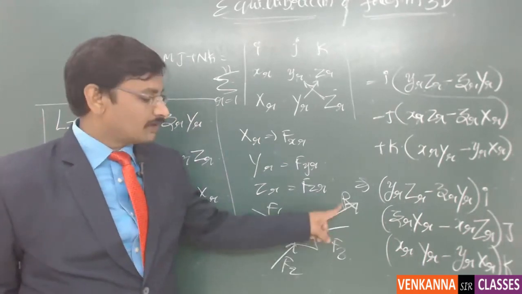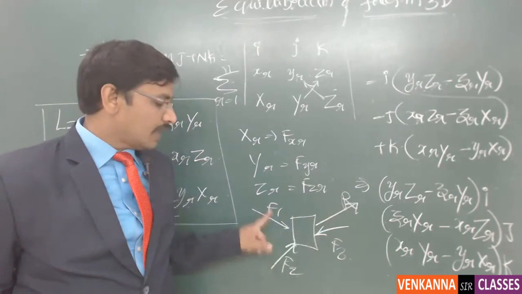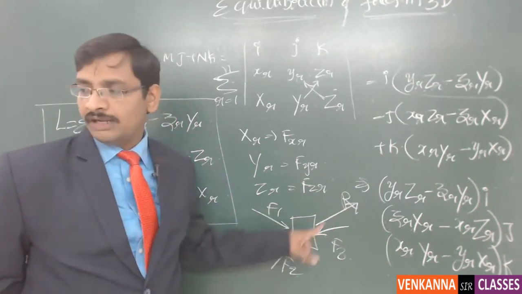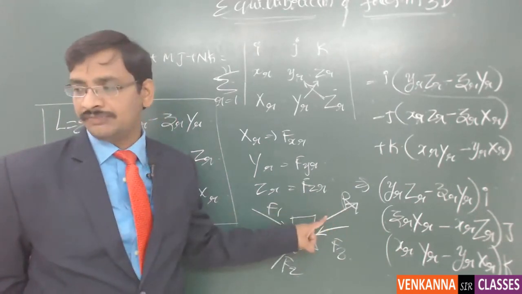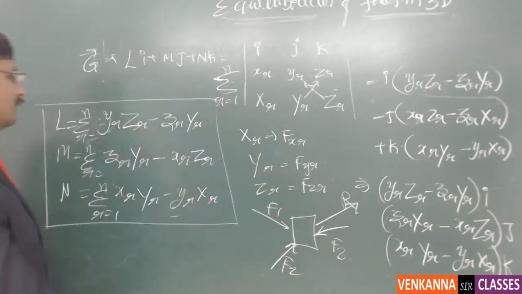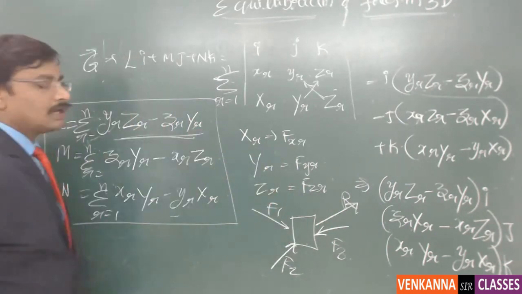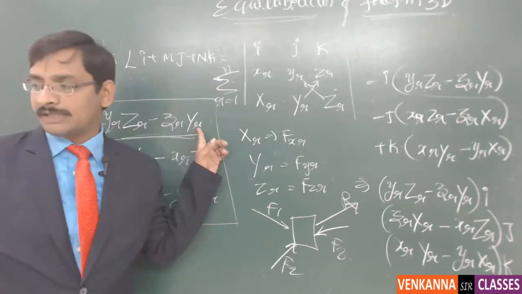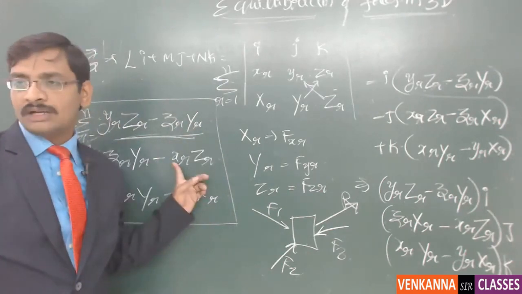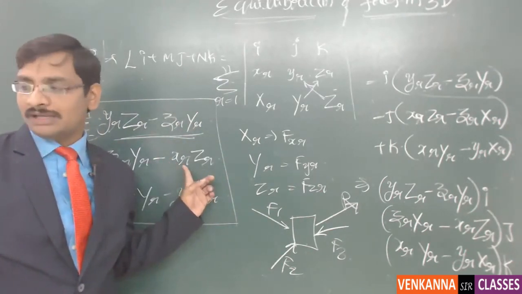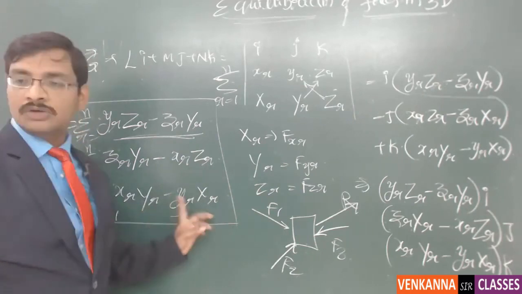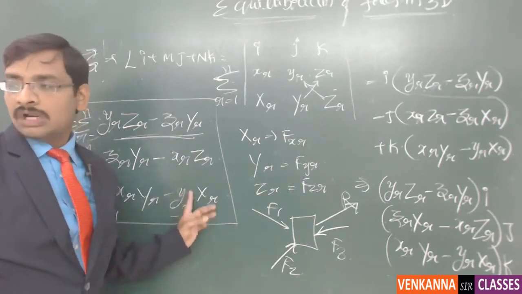Everyone has their own role, but finally it results in a single direction. Here also, this part of the component will try to rotate the body about the x-axis, this part about the y-axis, and this part about the z-axis.